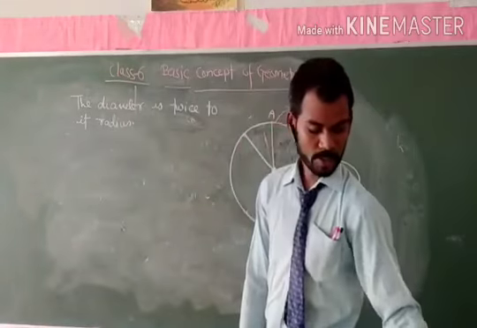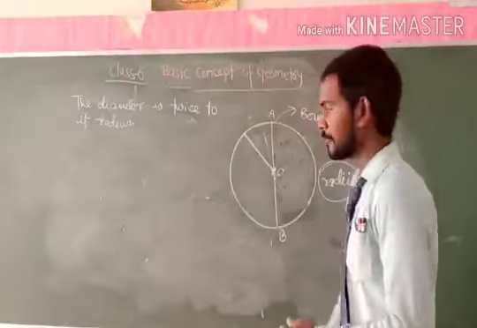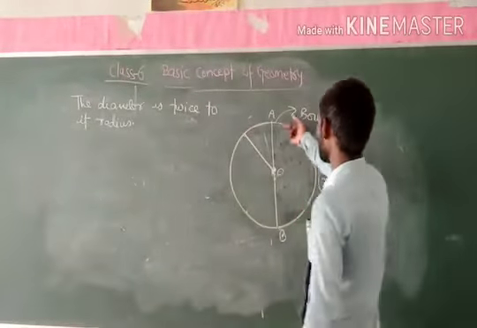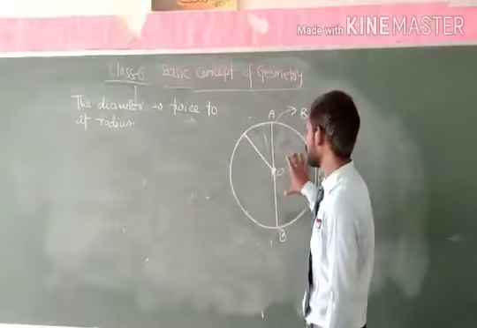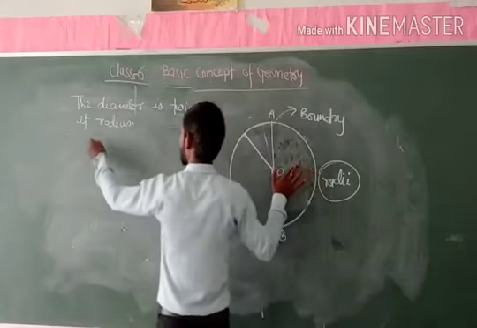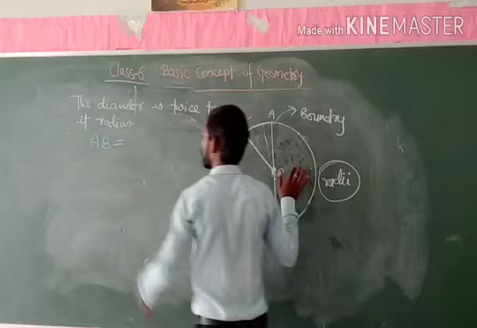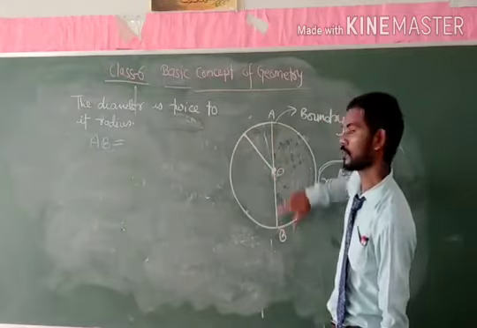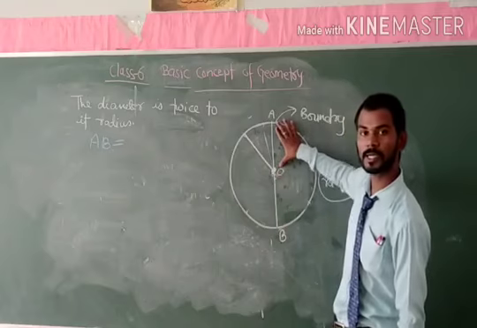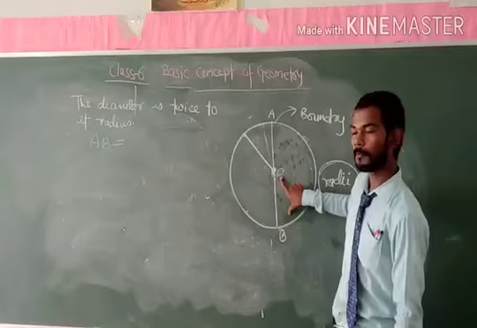In the figure, we see that AOB is the diameter. AB is the diameter of the circle. So we can write AB is equal to, we can break the line AB into two parts. The first part is OA and the second part is OB.